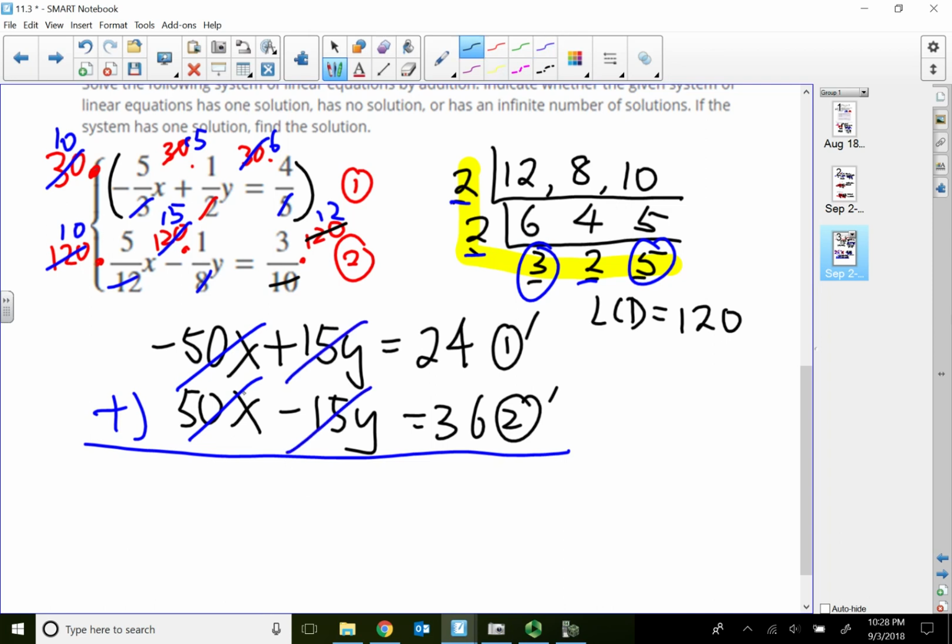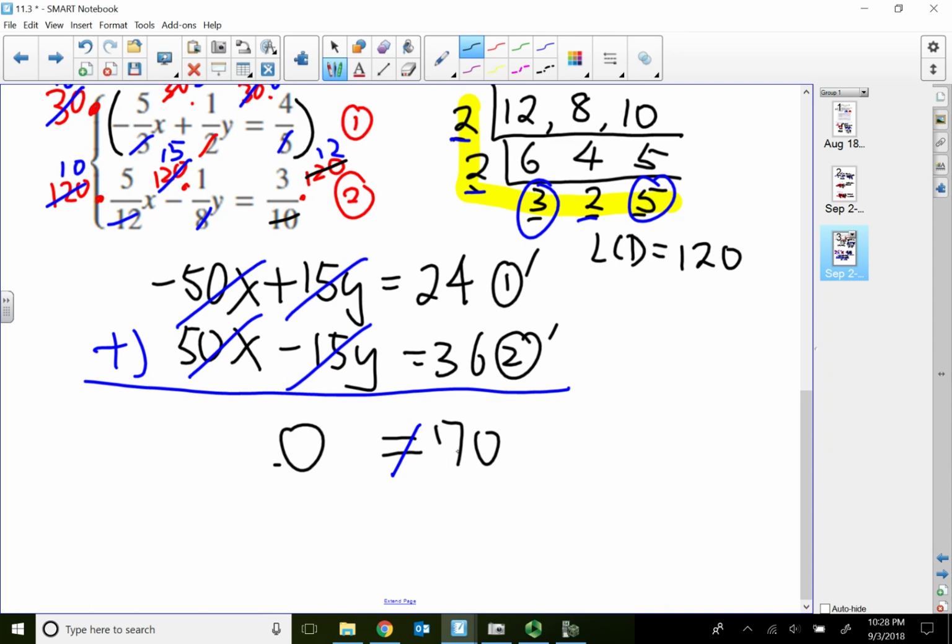So again, in this problem I have no variable left. The whole entire left side is 0. 24 plus 36 here is going to give me 60. So 0 does not equal 60. That tells me the two lines will never intersect. Left side does not equal right side, so the two lines never intersect. My answer: no solution.